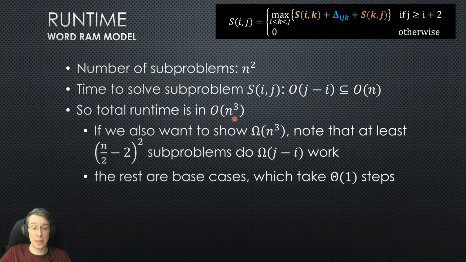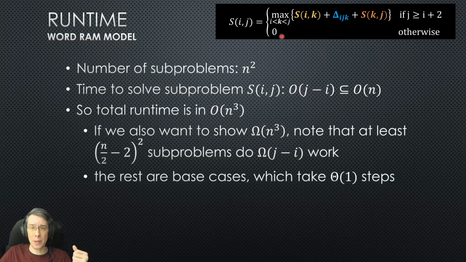If you want to show big omega, then note that at least (n/2 − 2) squared subproblems do omega of j minus i work. How am I getting this funny expression? Well, in order to show a big omega, I need to show that there are order n squared subproblems that do something like omega n work, right?